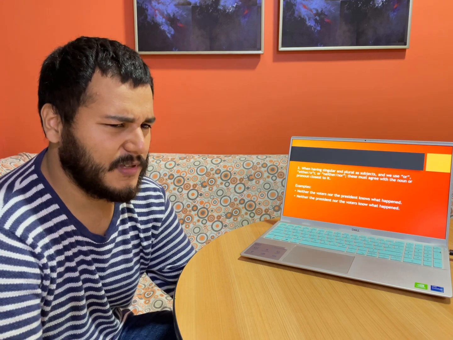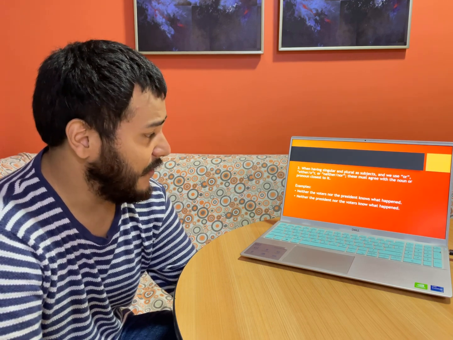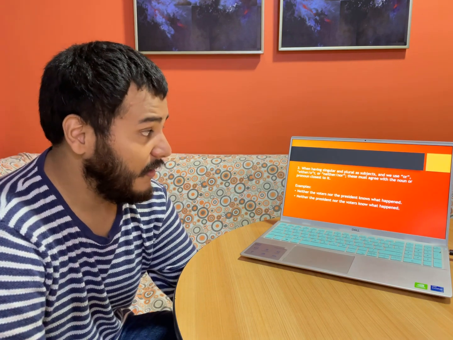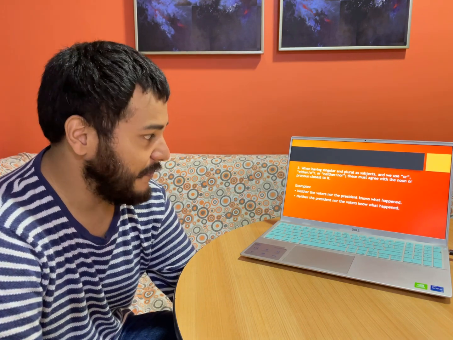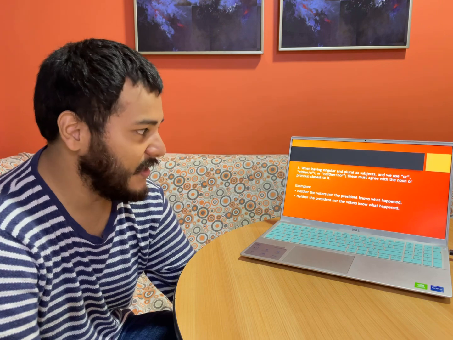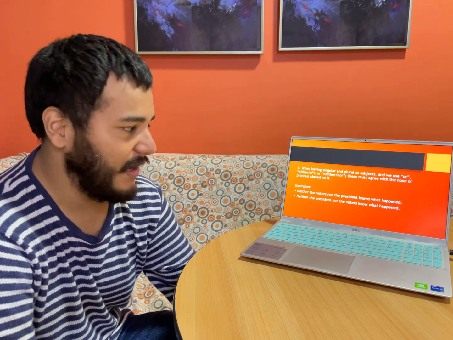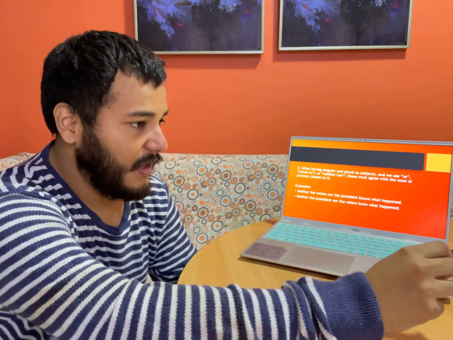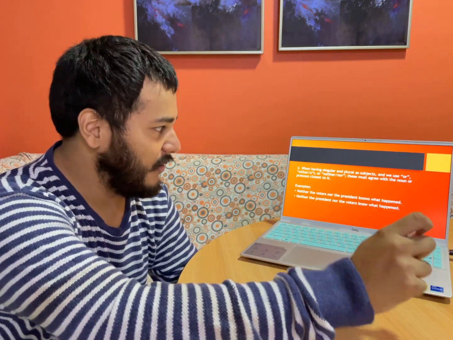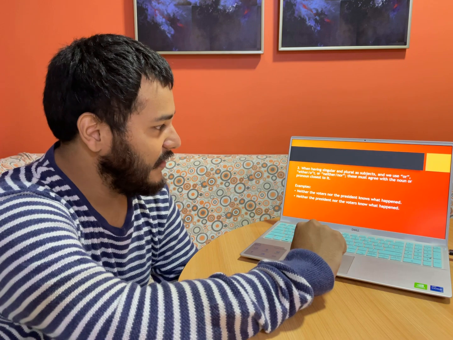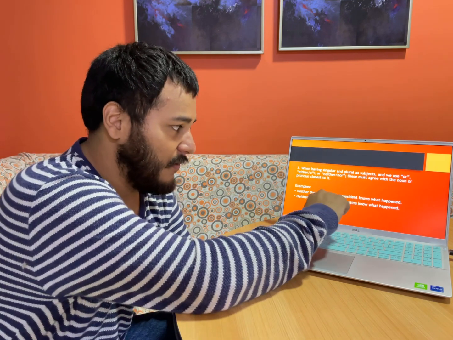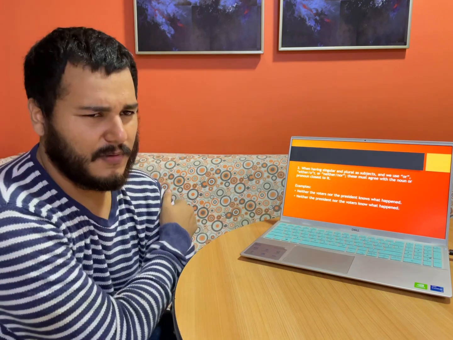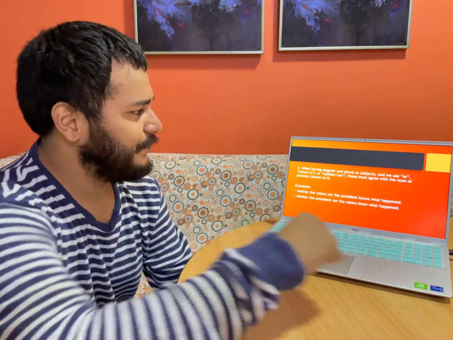For a more explanatory example, we have two: neither voters nor the president knows what happened, or neither the president nor voters know what happened. We can see a specific point in these two examples: the verb depends on which phrase, president or voters, is closest.